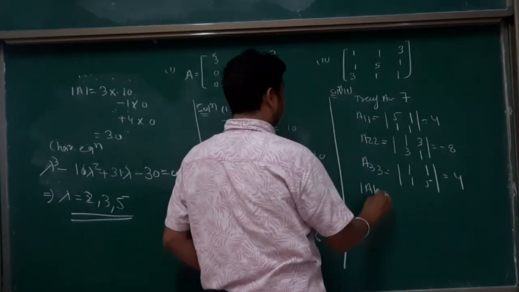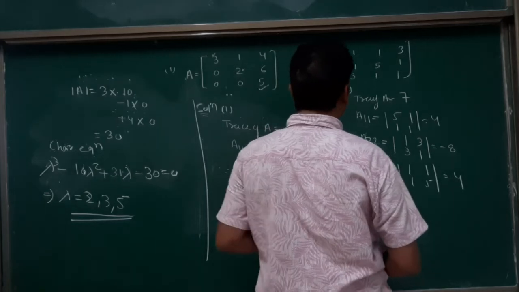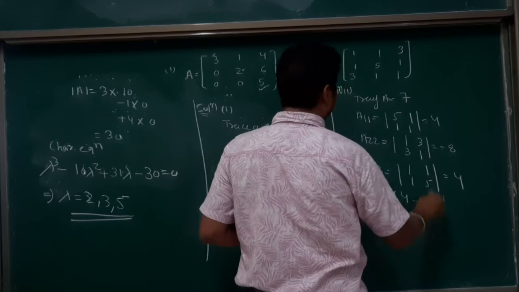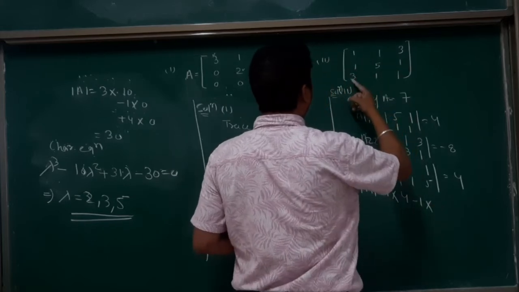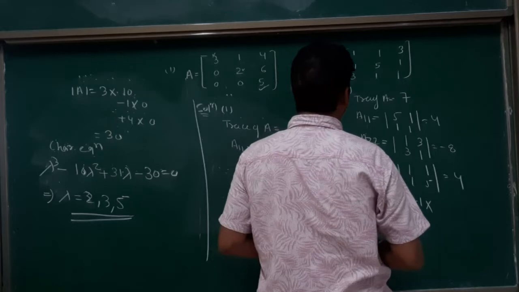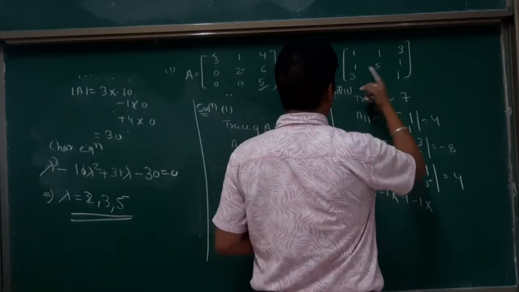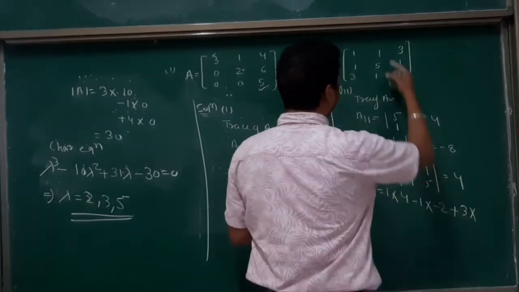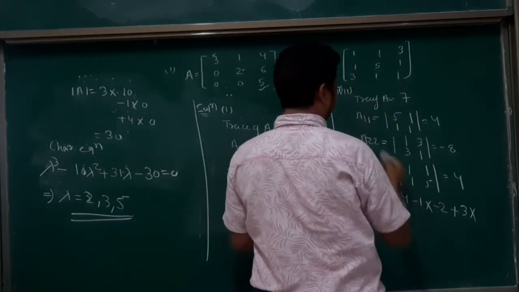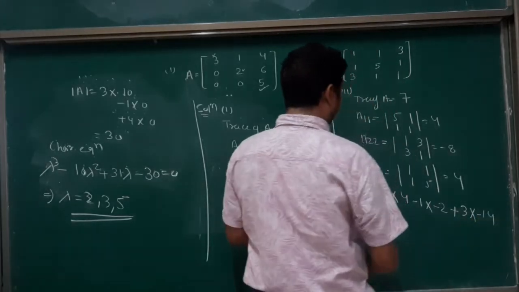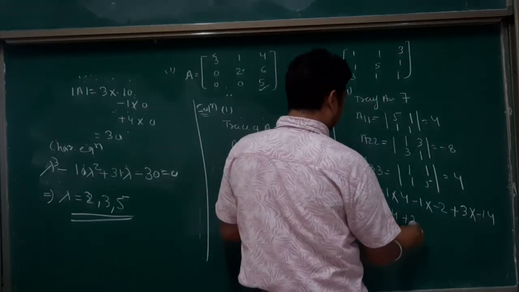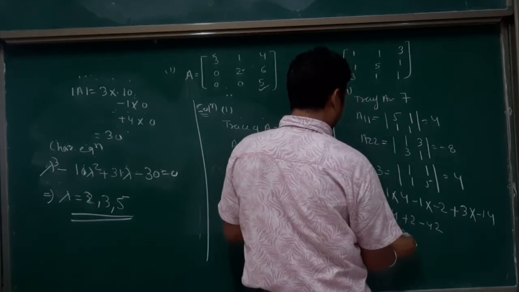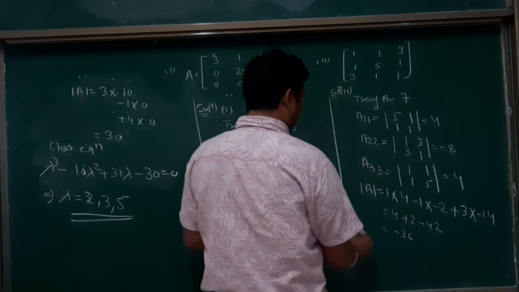What is the determinant? 1 into 4 minus 1 into minus 2 plus 3 into minus 14, so 4 plus 2 minus 42, that is minus 36. So what is the characteristic equation?